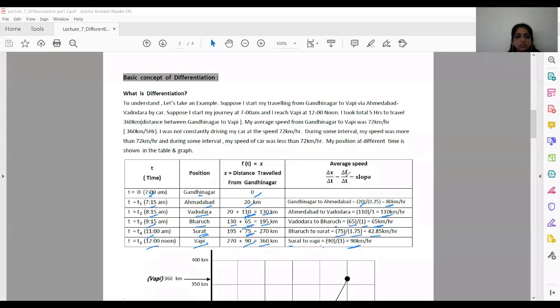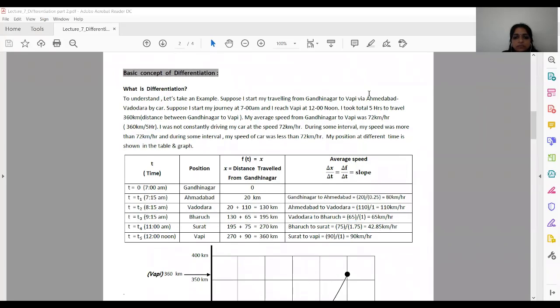So dear students, this is the average speed which we find through the table. This is nothing but the slope, and in other words we also say that this is the derivative. Now the same thing we'll understand with the help of the graph.